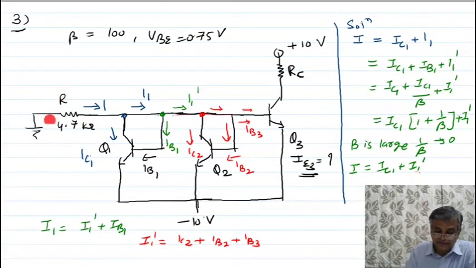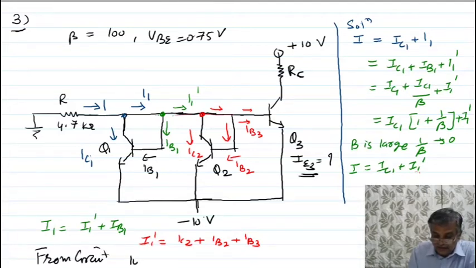This voltage plus this voltage, can you see this voltage is equal to 10 volt. Minus 10 volt with respect to ground means there. So you can say this voltage, current multiplied by resistor, plus this voltage is equal to minus 10. So from the circuit you can write 10 is equal to current multiplied by 4.7 kilo ohm plus VB.